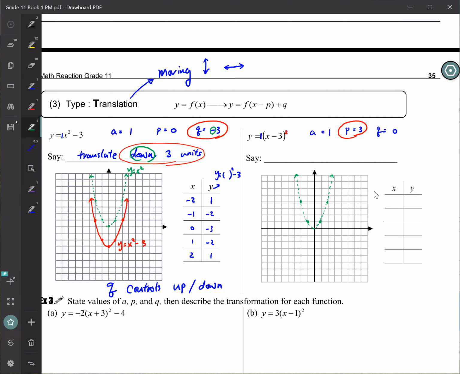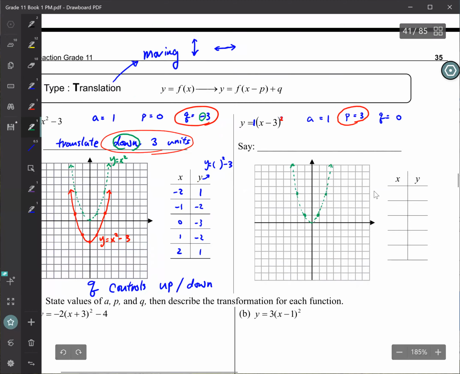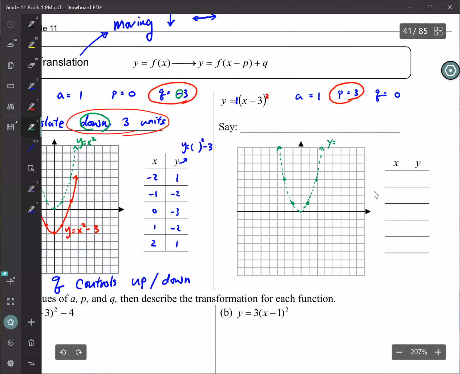When P equals 3, what will happen? Anybody? It will become wider. Right. Wider will be something to do with the A, right? Make it shorter or taller, okay? It doesn't change the shape.